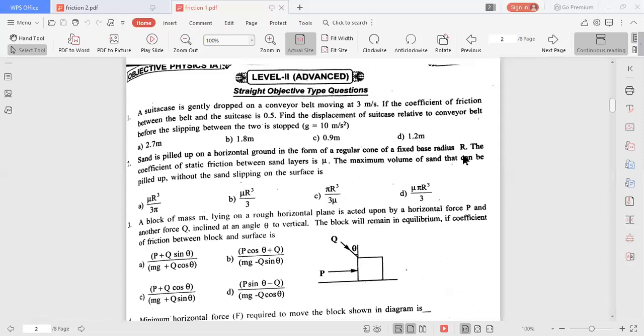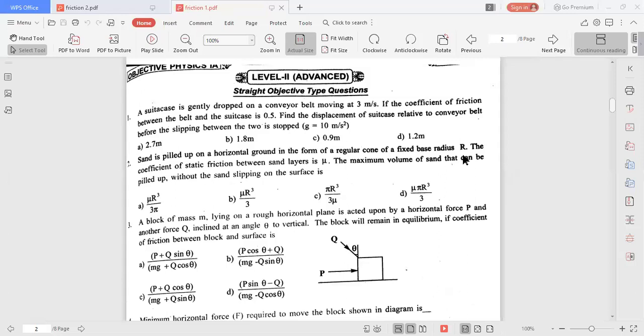Here, a block of mass m lying on a rough horizontal plane is acted upon by a force P and another force Q as in the diagram. So here this is the block kept on the rough horizontal surface. It is pushed with a force Q in this direction and with a force P in this direction.